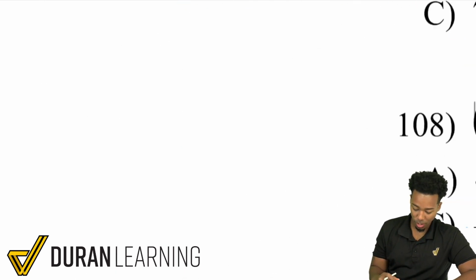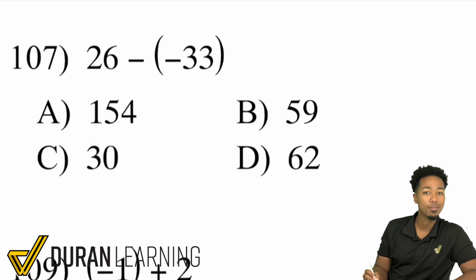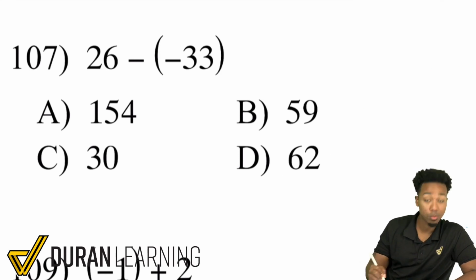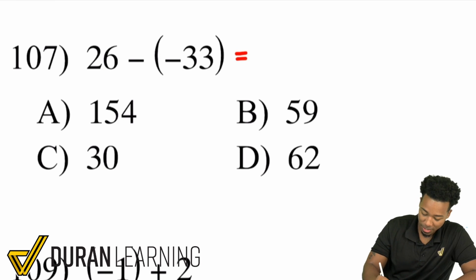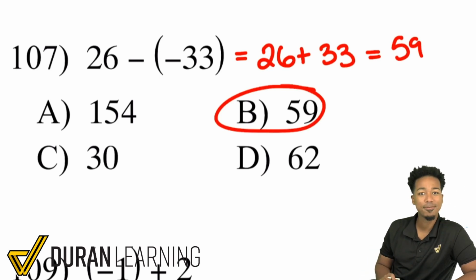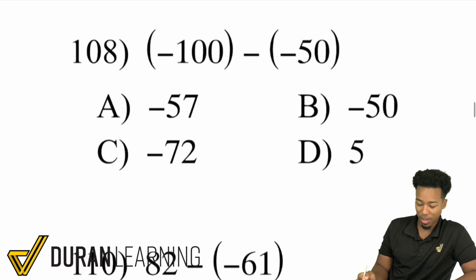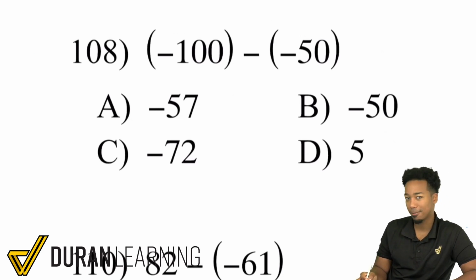Next up, I'll do a couple more here, so 2 more to go. Let's say we have 26 minus negative 33. Well, subtracting a negative is a positive. So 26 plus 33, and that's going to give me 59. Nice and easy. Then up next, 108, what do we have here? We have negative 100 minus negative 50.